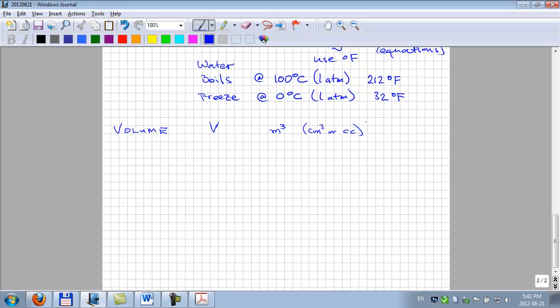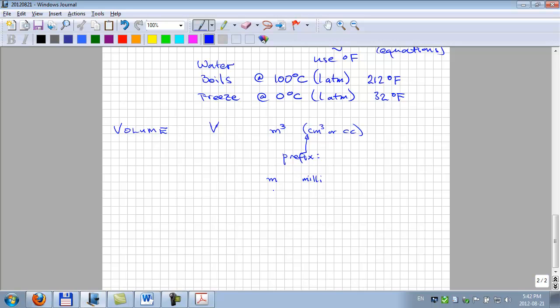And before I leave this, at this point I want to make a comment about SI units. This is called a prefix. And the prefixes, you know them better than I do, but M is milli.